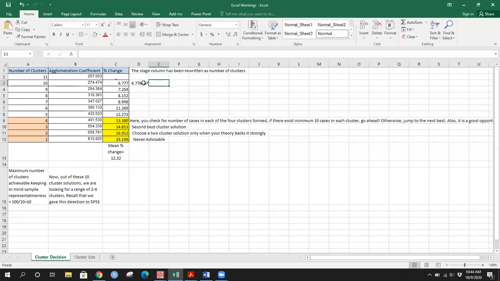Okay, then you can drag this to all the cells and you will get it. I have it over here, so I'm not going to take those pains. Okay, fine. This is actually the reason why I took the 11 cluster solutions, because I was looking at this 10 number. Now to find out the change, the first cell will always be left out, right? So for this reason I've taken 11 cluster solutions and found out the change for 10 cluster solutions.